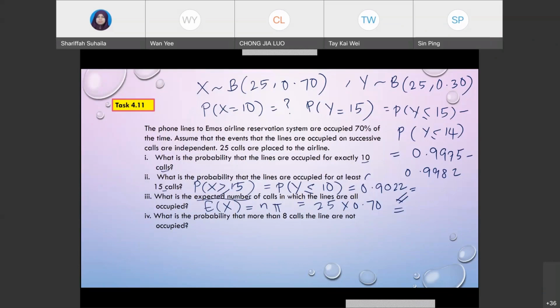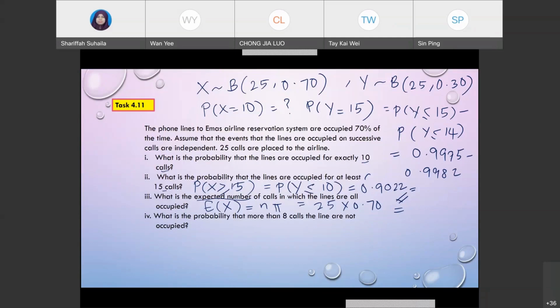Okay, the last one. What is your answer? What is the probability that more than 8 calls the lines are not occupied? Is it X or is it Y?